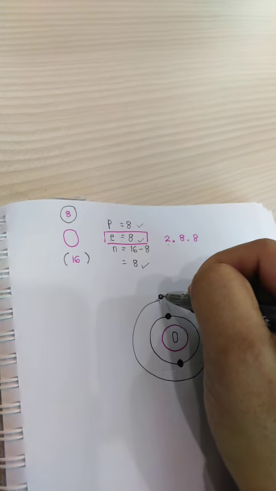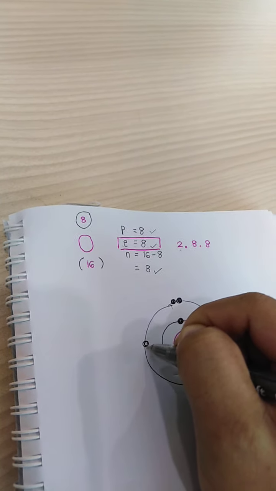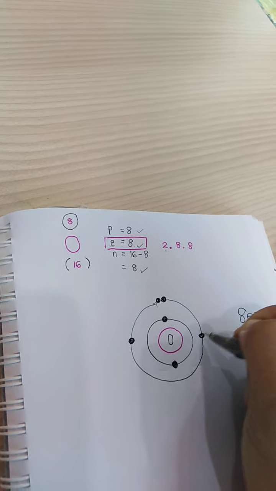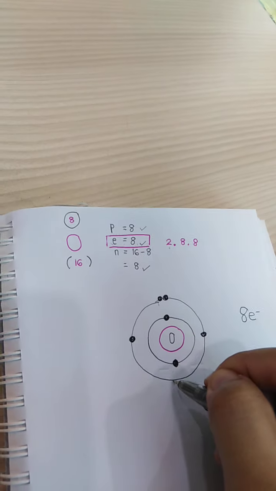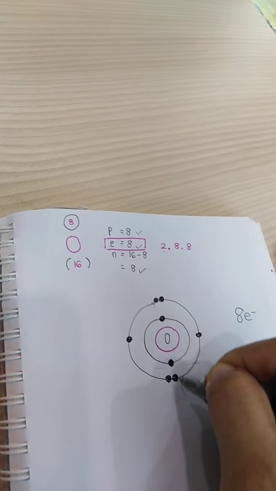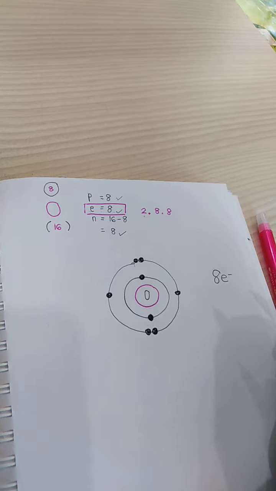And I draw another 6 dots representing electrons. 1, 2, 3, 4, 5, 6. So I'm done with this.